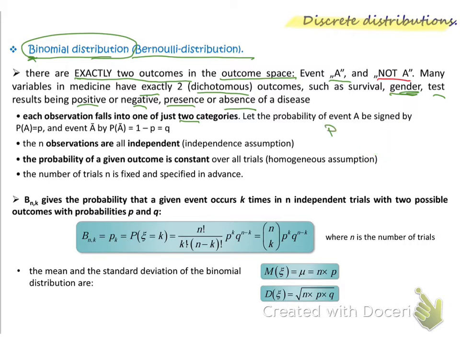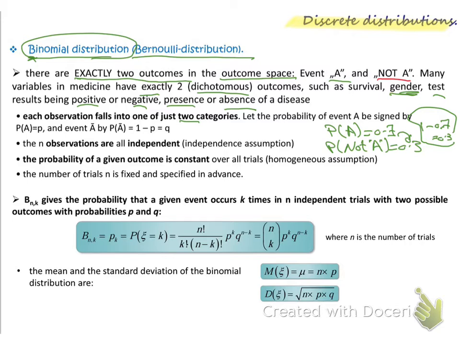So if the probability of A equals 0.7, the probability of not A equals 0.3. So 1 minus 0.7 equals 0.3. So the probability and its complementary, which is 1 minus.